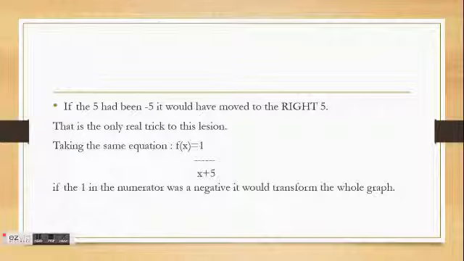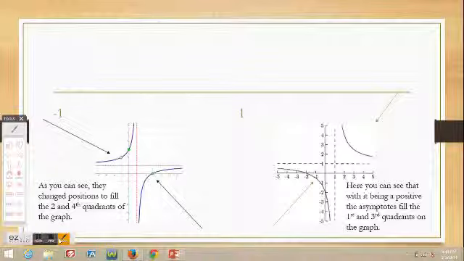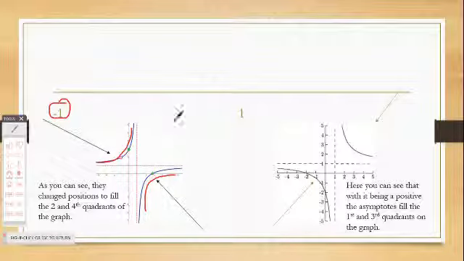Taking the same equation, f of x equals 1 over x plus 5, if the 1 in the numerator was negative, it would transform the whole graph. As you can see, the branches changed positions to fill the second and fourth quadrants of the graph, right here. That's when the numerator is a negative 1.